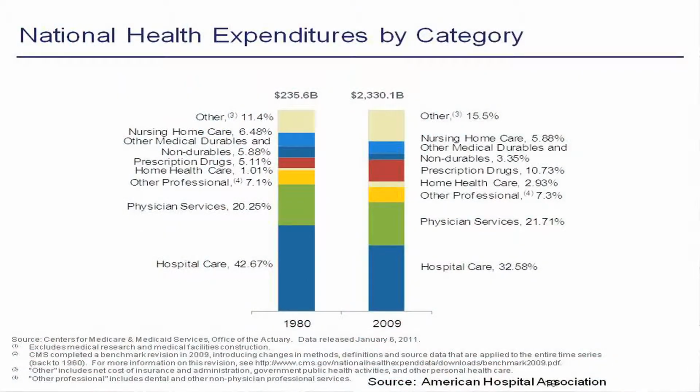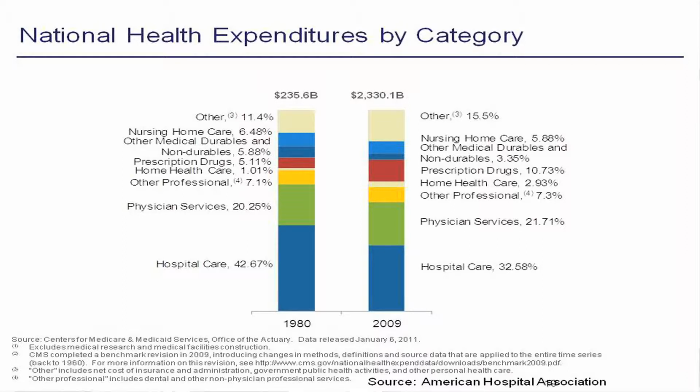This graph tries to show you where the money is being spent in healthcare. All right, where's the money being spent in healthcare? Again, being hospital-centric, look at the bottom of each one of those bars. This is 2009 compared to 1980.